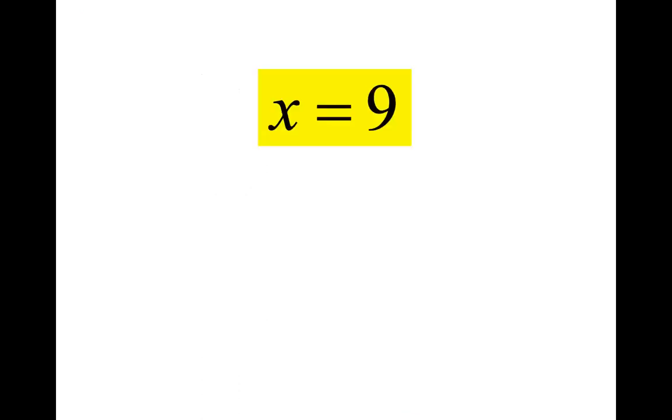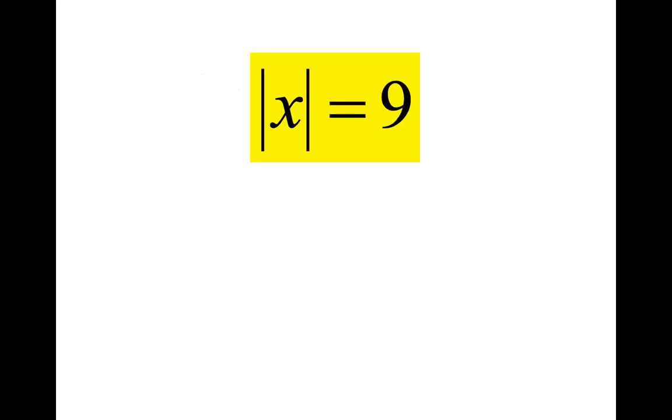So think about this. If I literally give you x = 9, it means that the variable x is equal to the one number, 9. There's not two answers here. There's one number. If I give you this with the absolute value symbols, however, here's the problem. There end up being two numbers that can make this true.